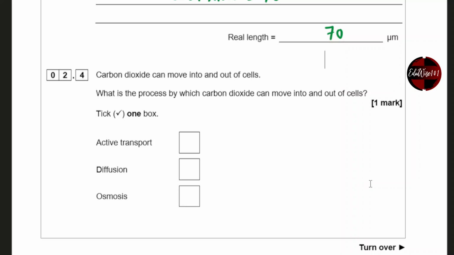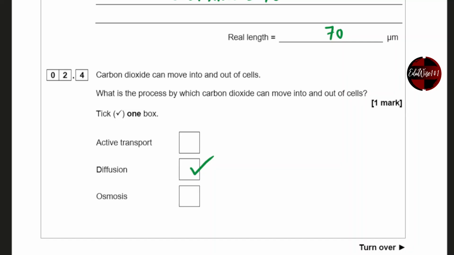Carbon dioxide can move into and out of cells. What is the process by which carbon dioxide can move into and out of cells? That would be by diffusion. Remember, there's 3 different types of transport mechanisms in plant cells and in animal cells.